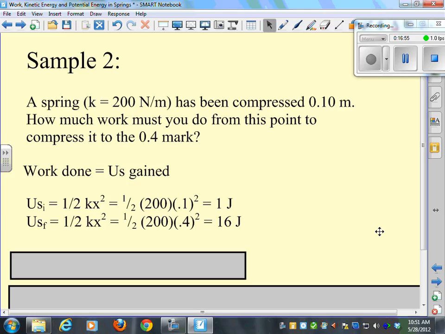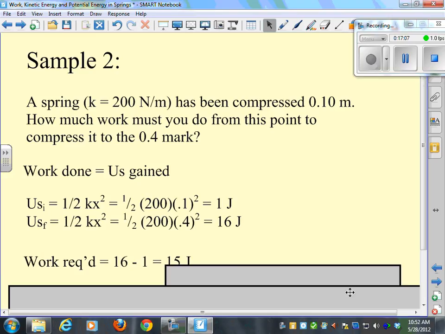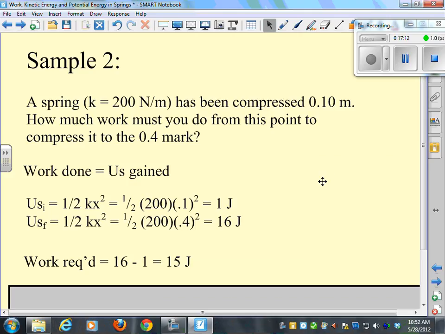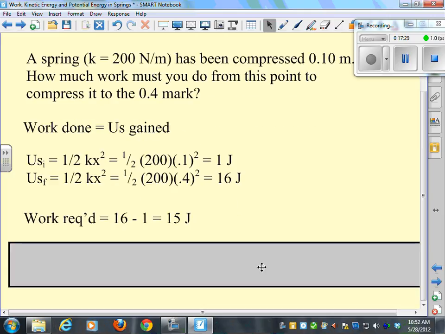So the work required is the difference between the two. If I started off with 1 joule of compressed spring energy, and I do work to it, and I ended up with 16 joules, then I must have done 15 joules of work. So that's the correct answer.